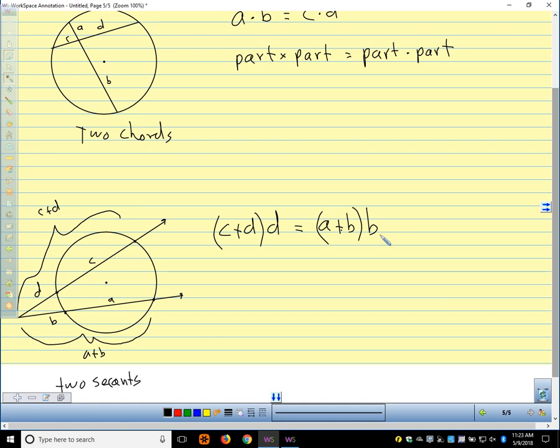And the way I think of this one is the whole times the outside equals the whole times the outside.